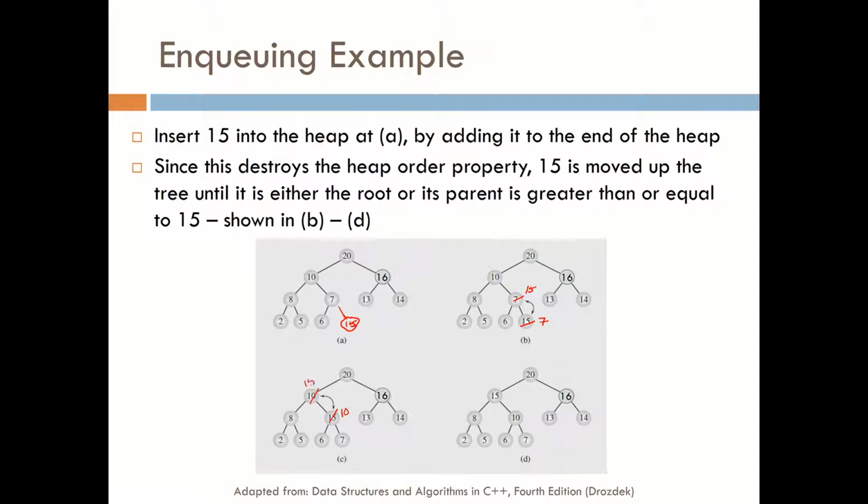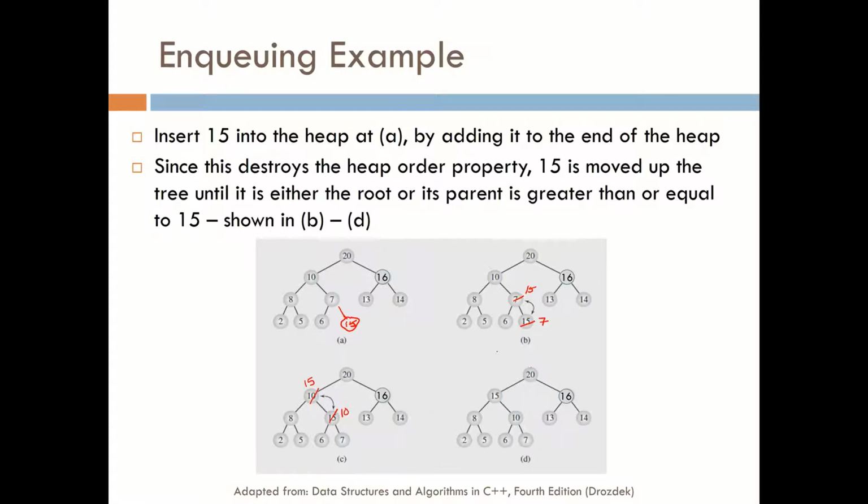We're still heaping up at this point. We will now compare the 15 and the 20. Since 15 is not greater than or equal to 20, that's one of the conditions to terminate the while loop. So the while loop terminates, and we're left with the tree at D, which I've actually made the tree at C equal to.